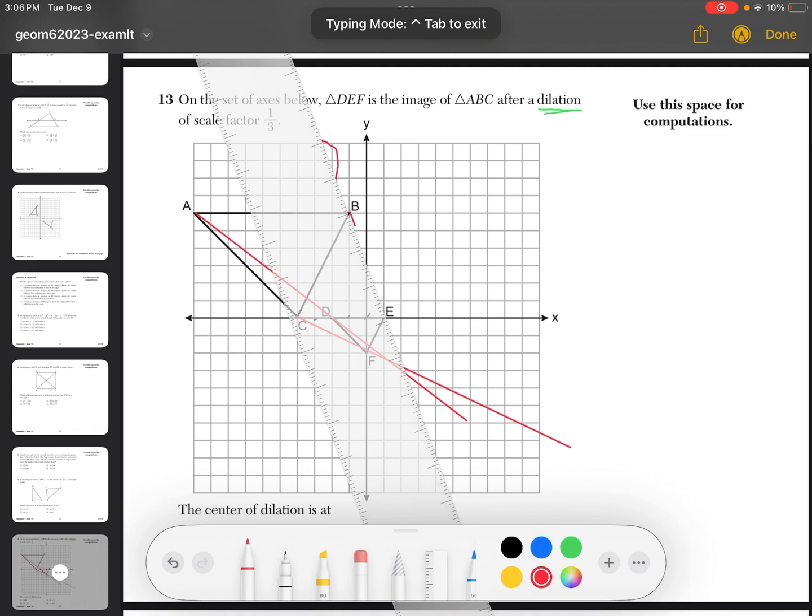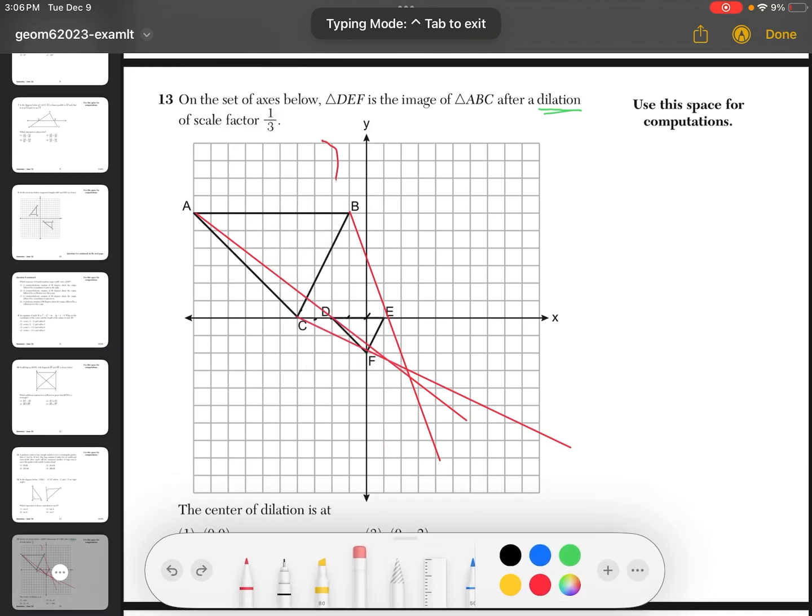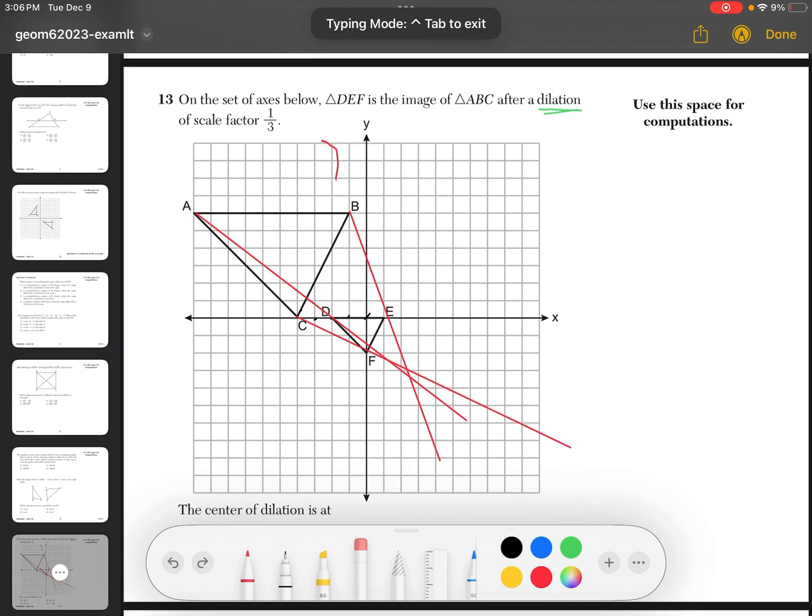Now, it's not necessarily drawn to scale, but it is pretty close.